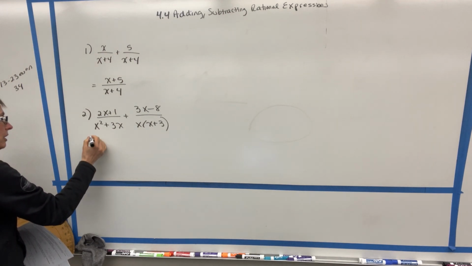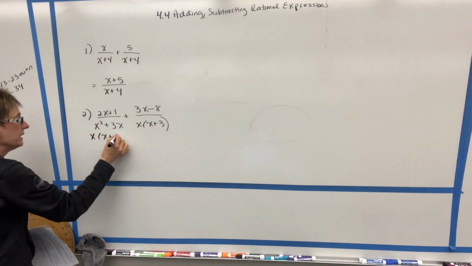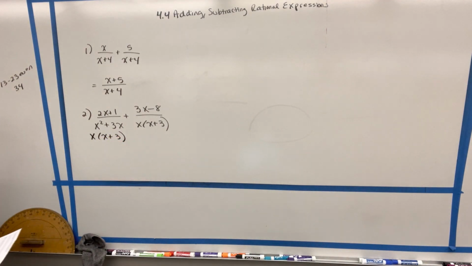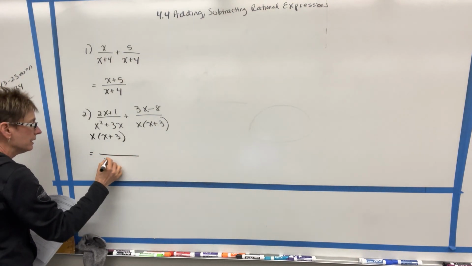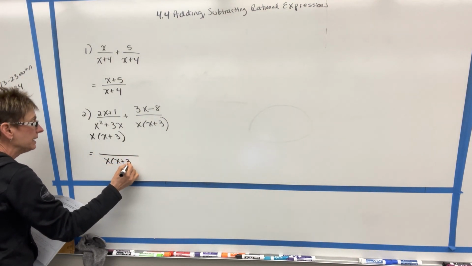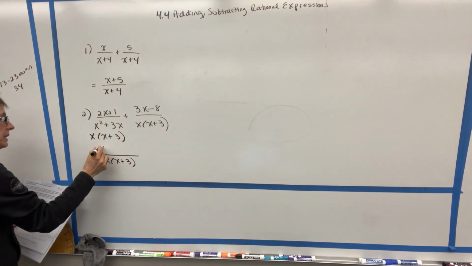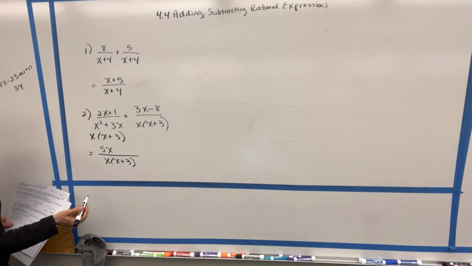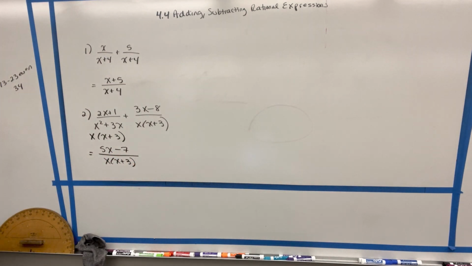On our first denominator, if we take out a GCF of x, we can see that actually these two denominators are the same. They both have a denominator of x times x plus 3. So then we just combine like terms. 2x plus 3x is 5x, and then 1 minus 8 is negative 7.